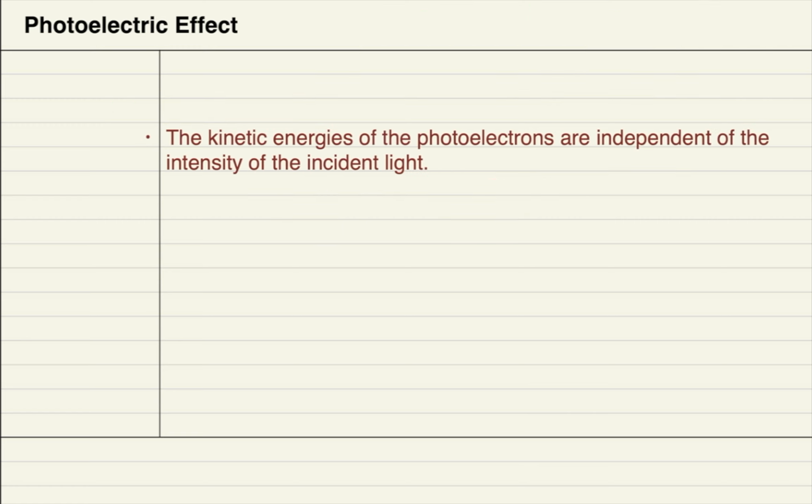The second one then, the kinetic energies of the photoelectrons are independent of the intensity of the incident light. This is the first fail. If waves are emitting electrons, then having a more intense wave should give the electrons more energy, so they should fly off with more kinetic energy.